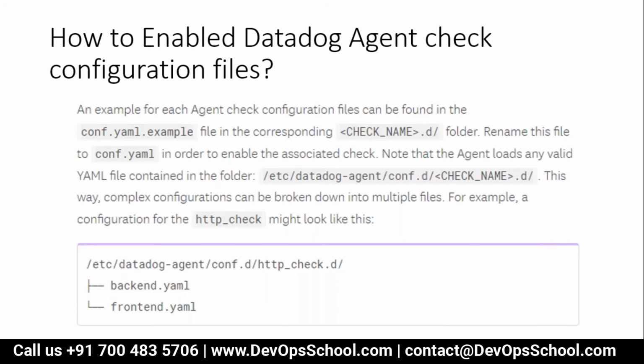So you'll have a name for the check and you have to modify those YAML files to enable the check. Now this check can be a database check, Apache, Tomcat monitoring, MySQL, Postgres, anything. Some checks are enabled by default, and some are not enabled by default, so you have to enable them. I'll teach you how to enable them. But remember this path, conf.d.